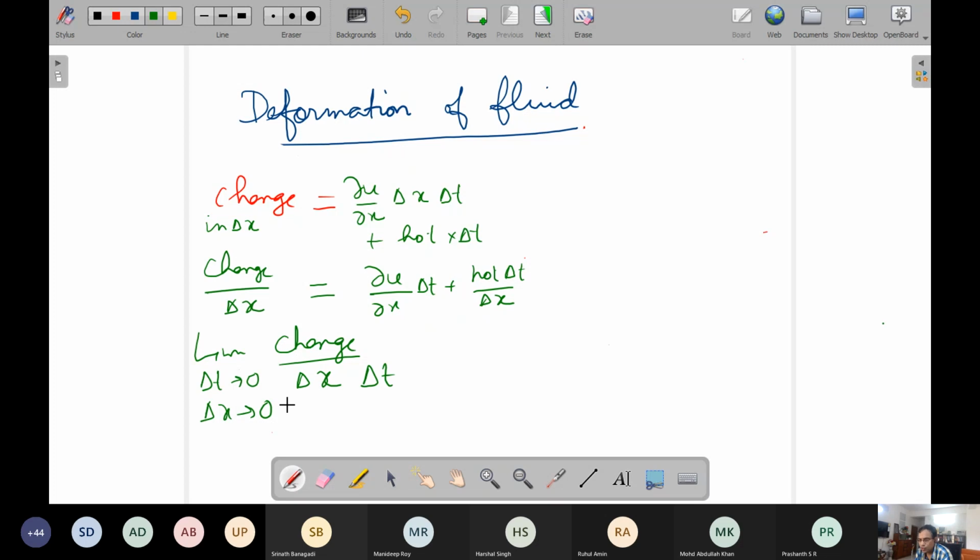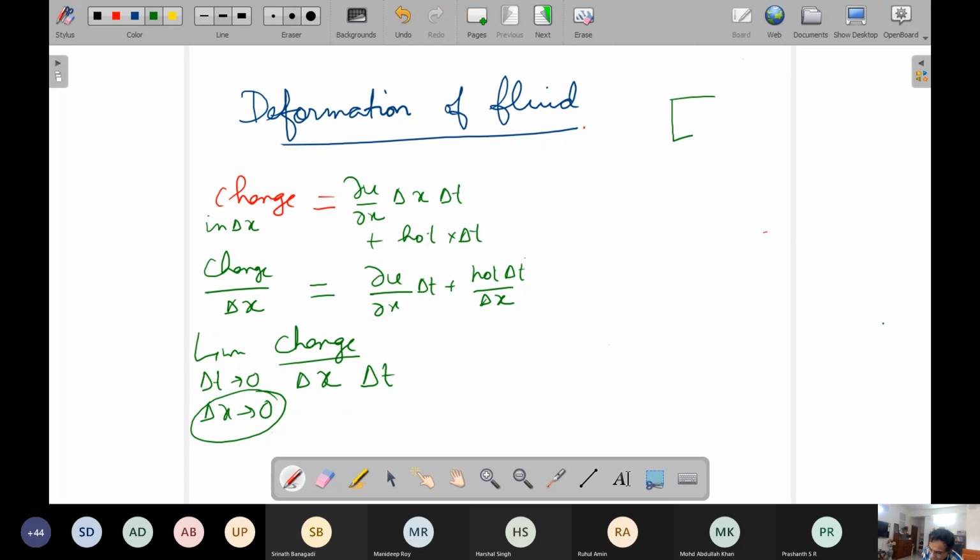So limit as delta t tends to 0 is something which is an obvious limit that we all believe that we should take, because we are trying to find out the rate of change at that instant. But why delta x tend to 0? Delta x tend to 0 because we are trying to characterize the linear deformation at a point.